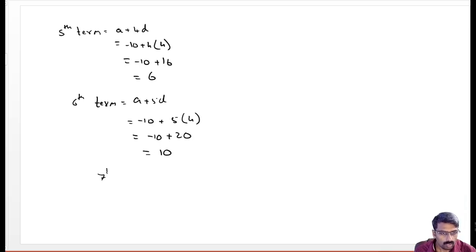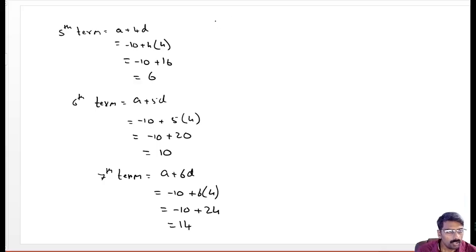And seventh term a plus 6 times d, that would be equal to minus 10 plus 6 times 4, which is equals to minus 10 plus 24, which is equals to 14.